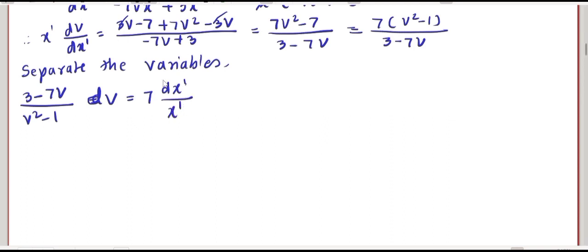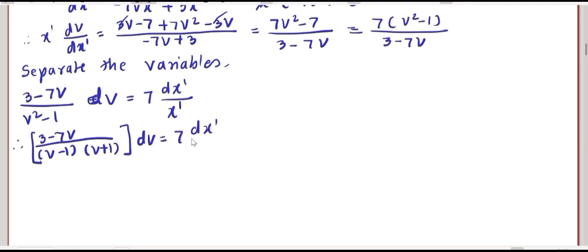Now this value is integrable, but it is not exact integrable, so we simplify it to integrate. Therefore we get (3 minus 7v) divided by (v square minus 1), which means (v minus 1) into (v plus 1), dv is equal to 7 dx'/x'.